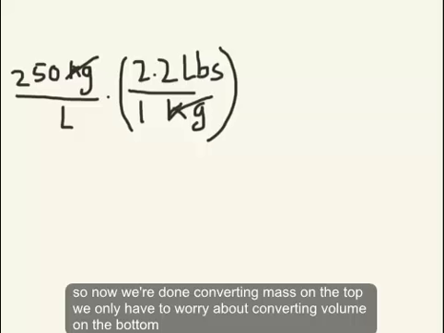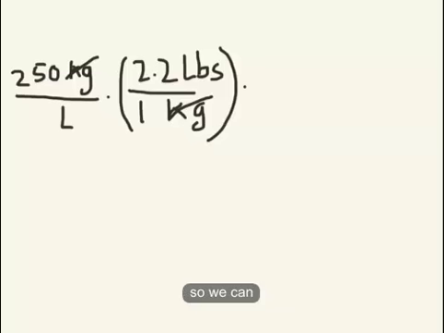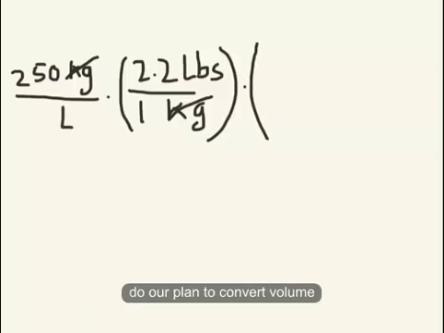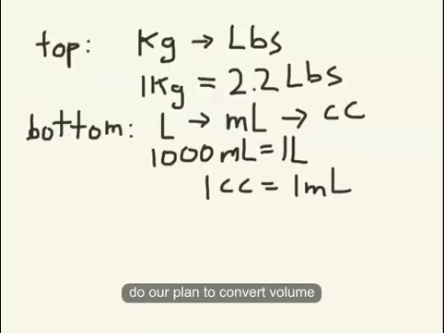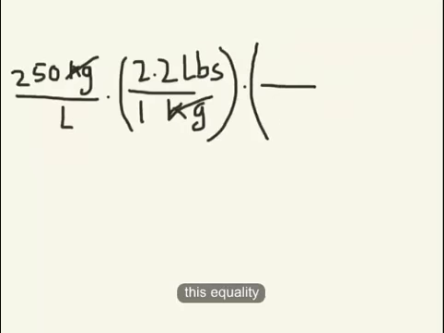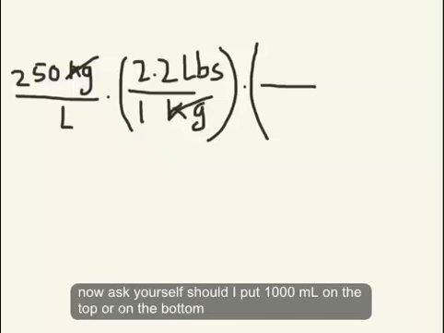So now we are done converting mass on the top. We only have to worry about converting volume on the bottom. So we can do our plan to convert volume, which is to go from liters to milliliters using this equality. Now ask yourself, should I put 1,000 milliliters on the top or on the bottom?